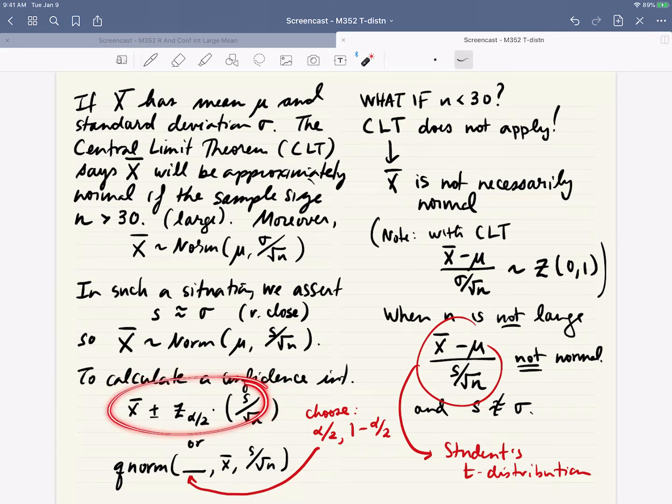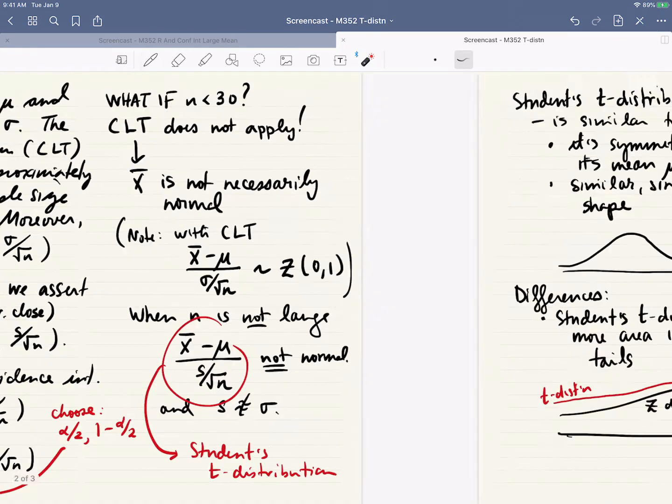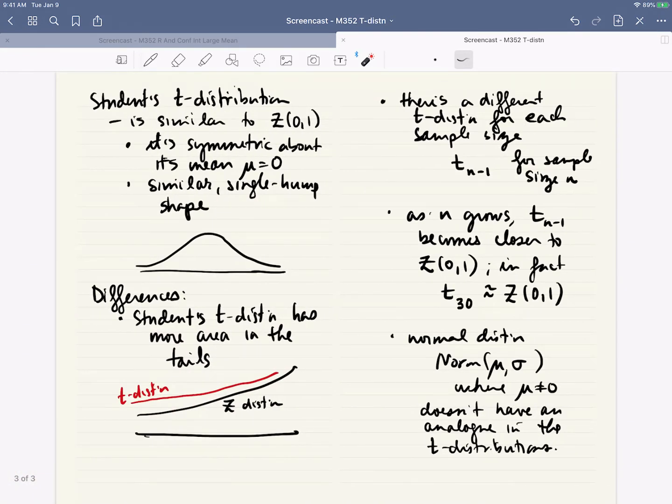That's why it's good to know how to do this for the large sample size sample means. The last thing I'll say about the t-distribution is the textbook has some pictures on page 345, so you can see how the distributions change as n changes. It'll give you a good idea of what's going on there.